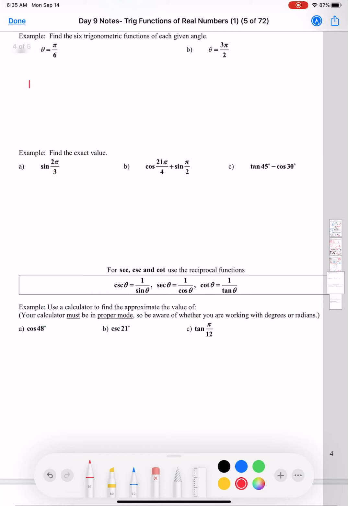All right, so let's go ahead and find the 6 trig functions of each given angle. I am going to show you what these are in degrees as well, but we do want to get to the point where we are comfortable with radians and we're not always trying to convert radians to degrees every single time.